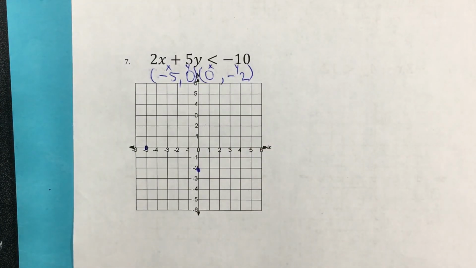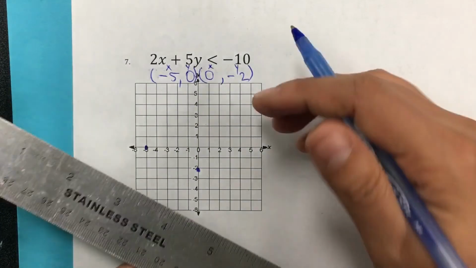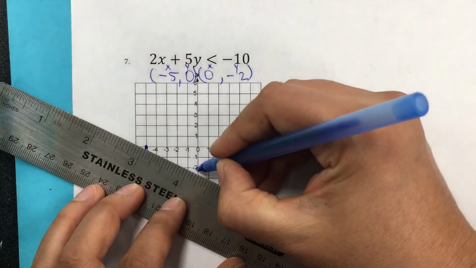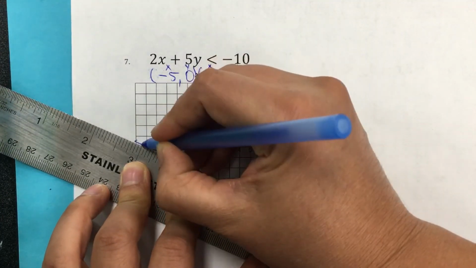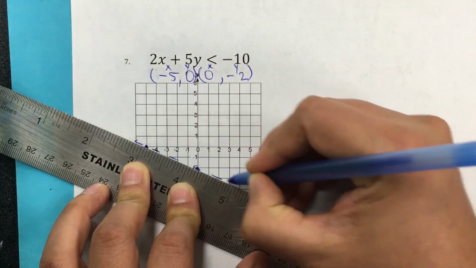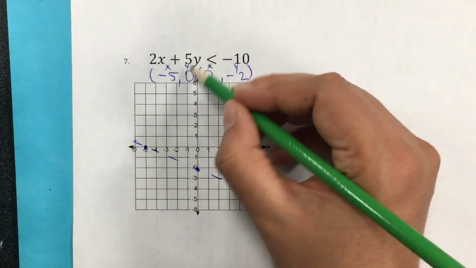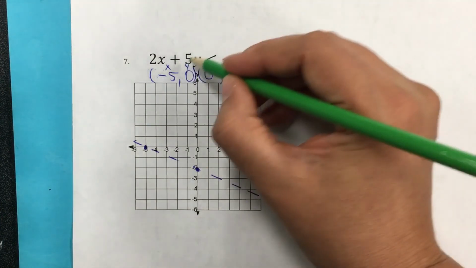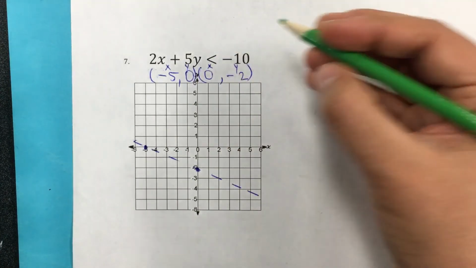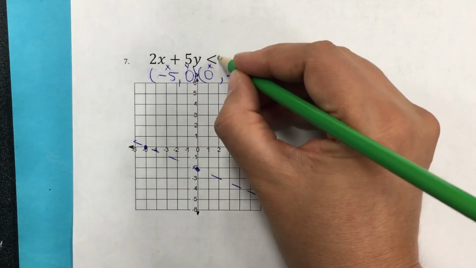I don't have the equal sign, so I don't have a pencil. That means I don't have enough ink, and so that's why I get a broken line. Now I look at the coefficient of y, and it says it's positive, so it's less than.